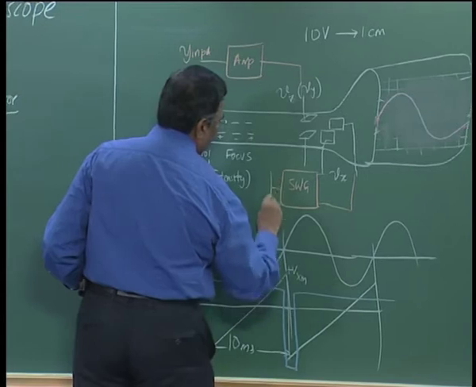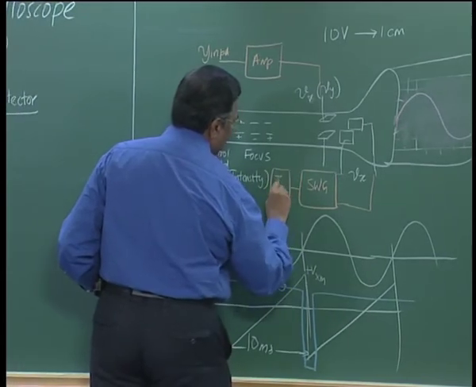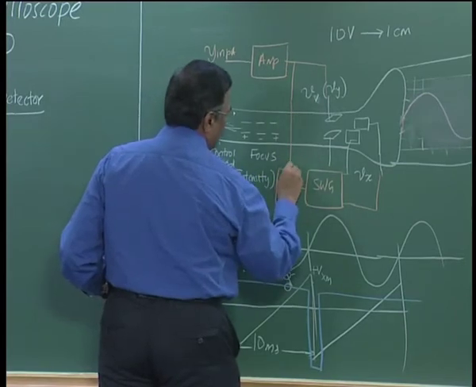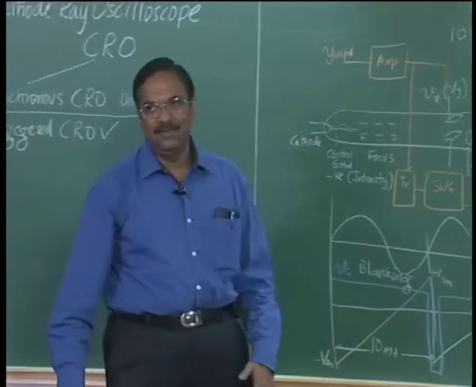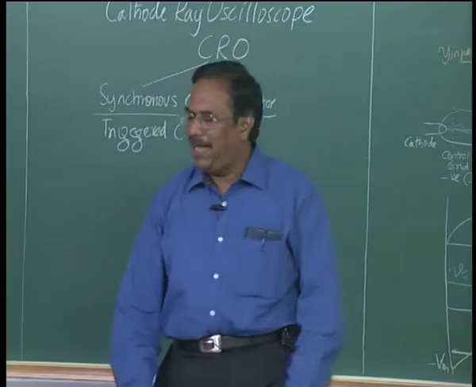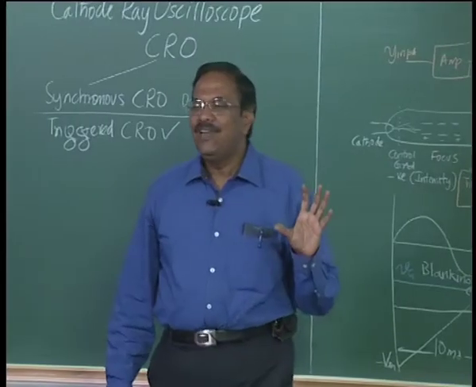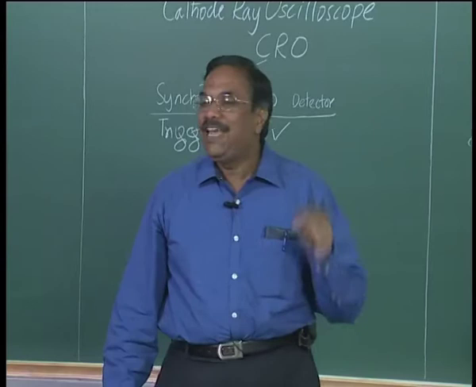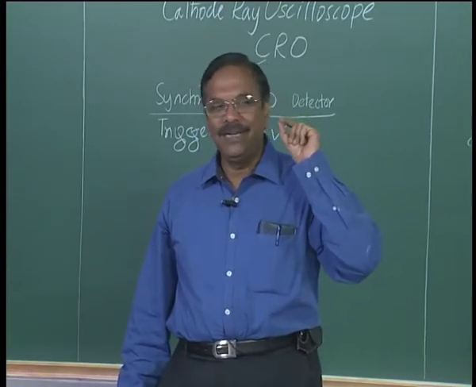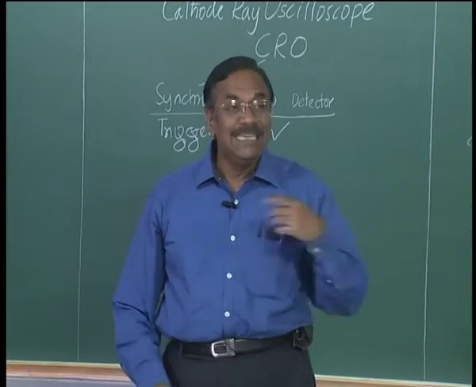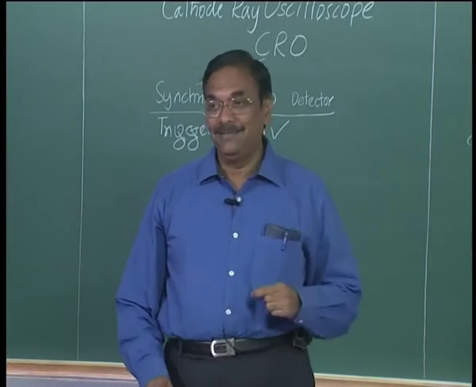Now, this has to have a trigger circuit, and the trigger circuit must get the input from my Y amplifier output. This circuit will take some time to sense whether that voltage has come in and that particular slope has occurred, because you have to check and then decide.